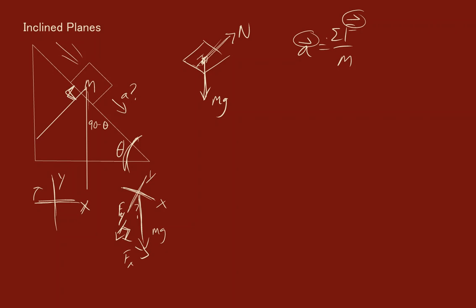For any given line, the degrees for a line is 180. So if we have 90 minus theta, our angle here should be theta. So let me redraw this triangle. mg, our y component, here's theta, and our x component. So our y component is mg cosine theta, and our x component is mg sine theta.